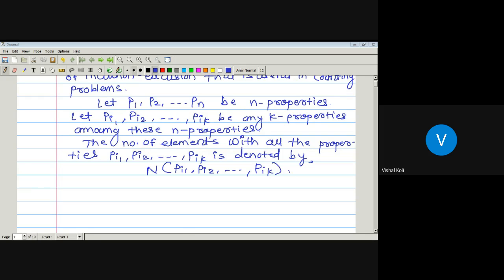Okay, so whenever Pi1, Pi2 up to Pik are any k properties among the n properties, then the number of elements with all these k properties is denoted by n of Pi1, Pi2 up to Pik.